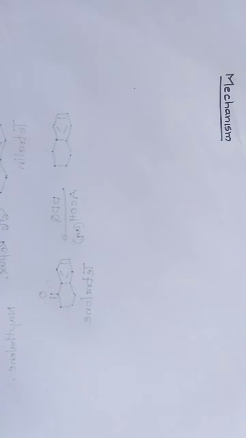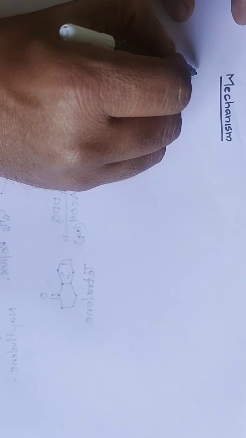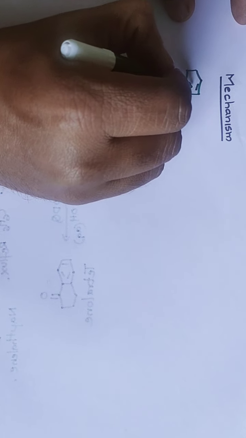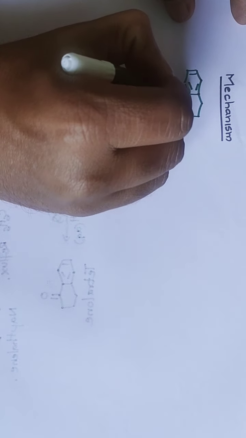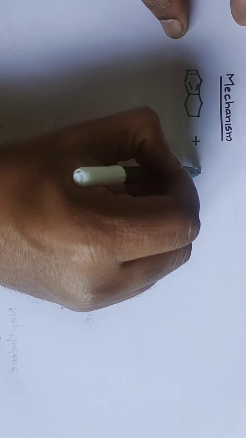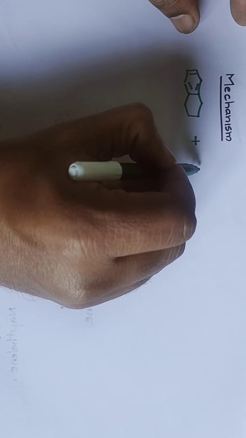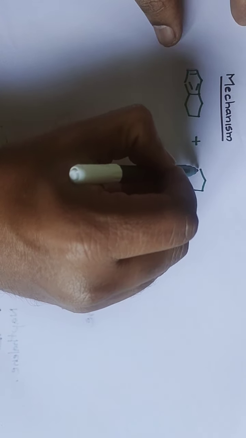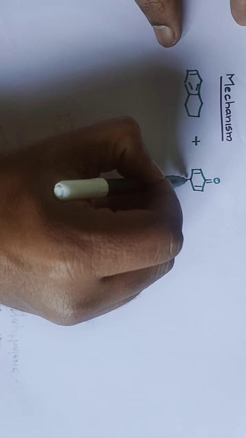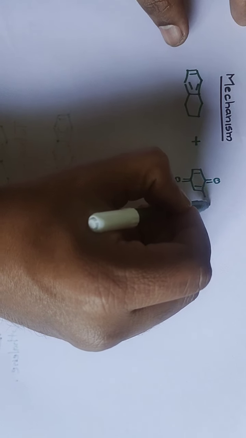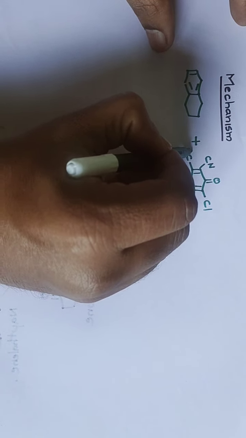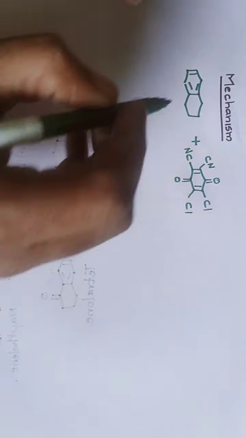I will first write tetraline when it is treated with DDQ, with Cl, Cl, CN, CN.